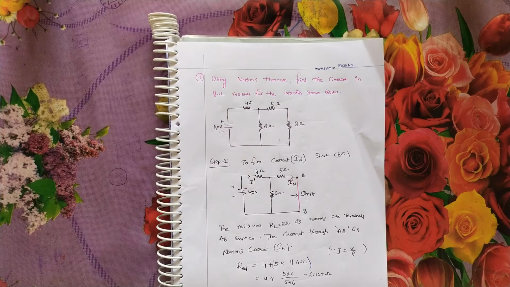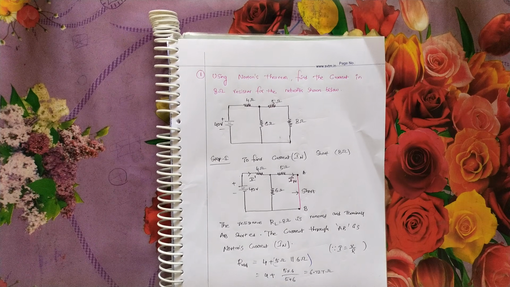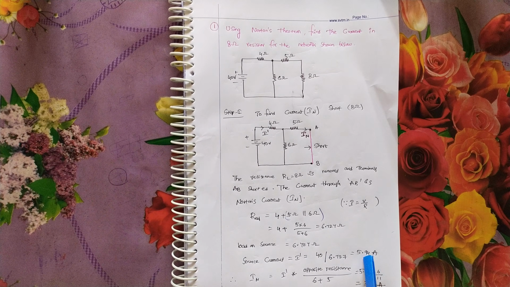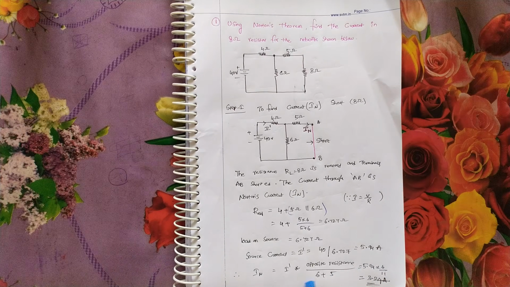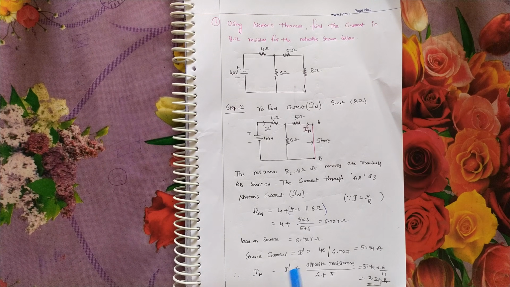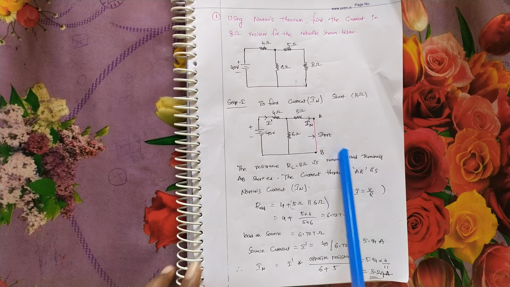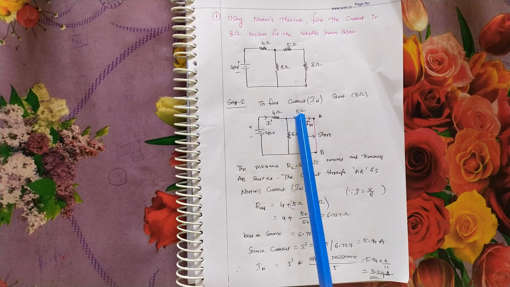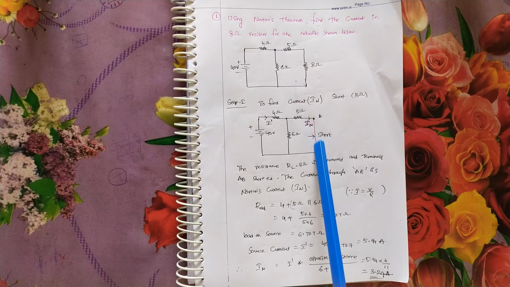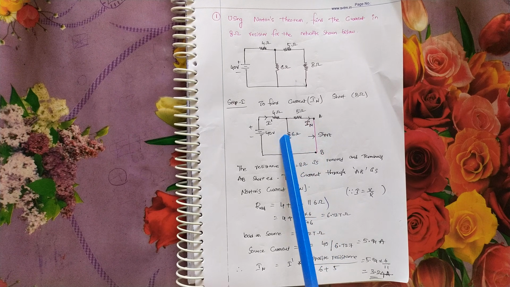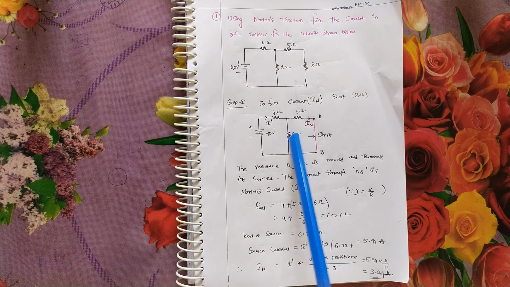We use the current division rule in the superposition theorem also. Based on that, Norton's current is the total current into the opposite resistance by the total resistance. 5.94 we calculated as the source current. By using the current division rule, IN equals I dash into opposite resistance by total resistance: 5.94 into 6 by 5 plus 6. The opposite resistance for this 5 ohms is 6 ohm, because the branch with the short circuit has no resistance.